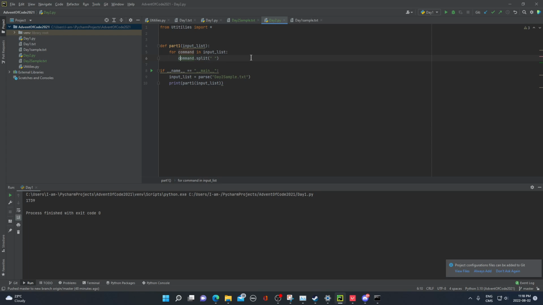So I don't have to worry about multiple spaces. And we can store this into a variable, a list. I don't know how to name this. Maybe a command list.